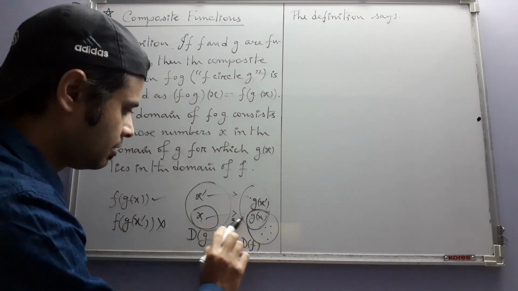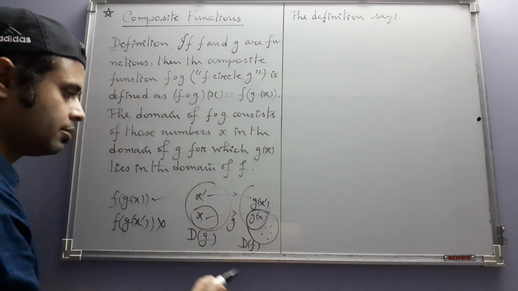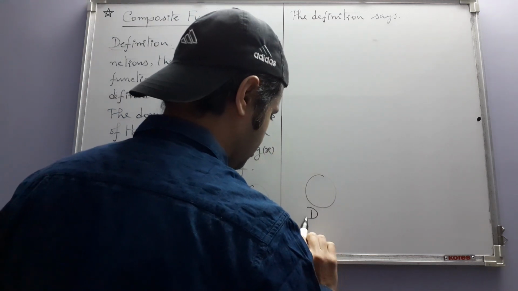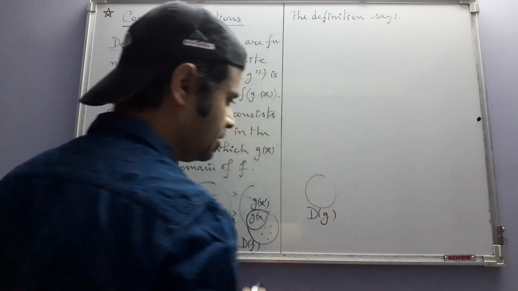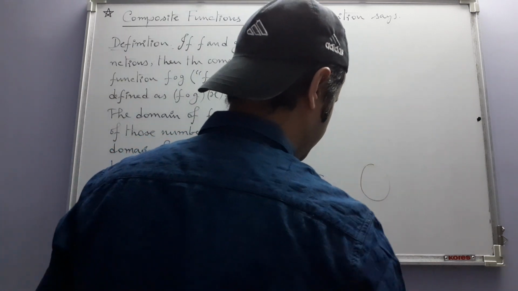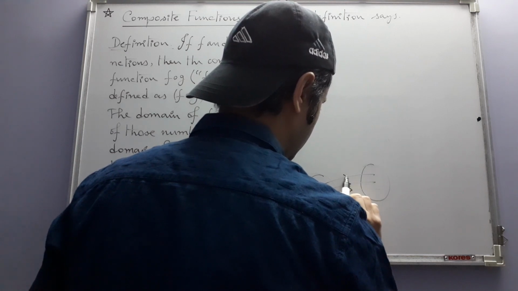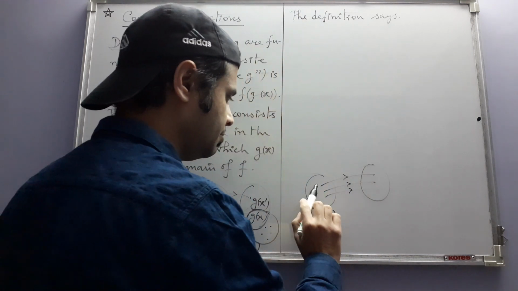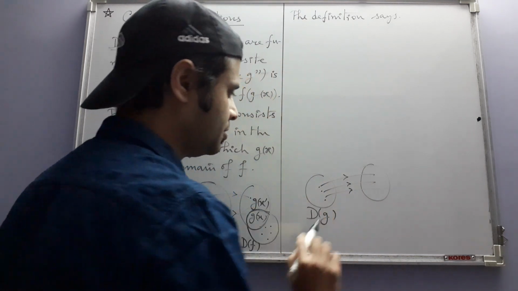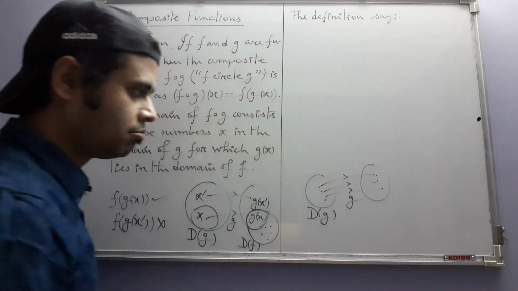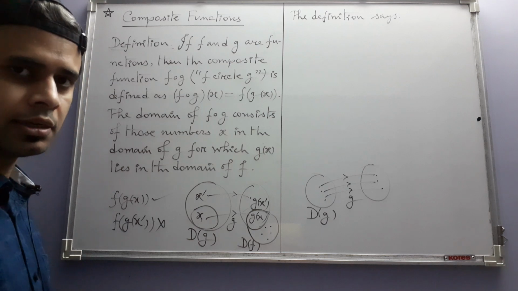That case arises when the domain of g is such that any point in the domain of g gets mapped by g onto a number that does not lie in the domain of f.